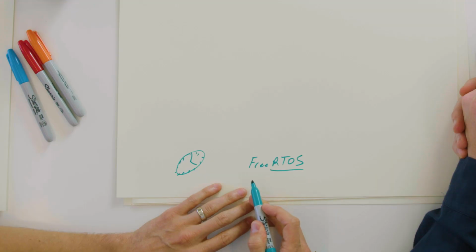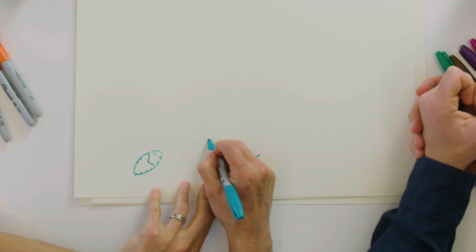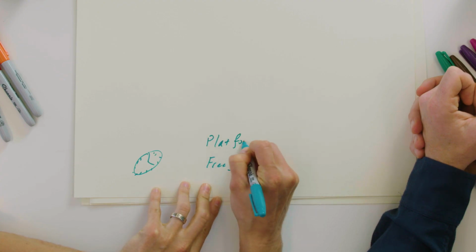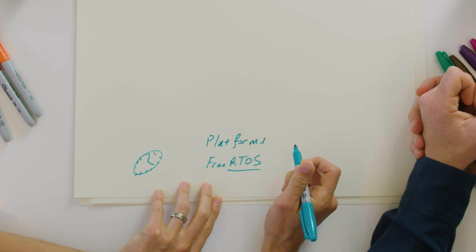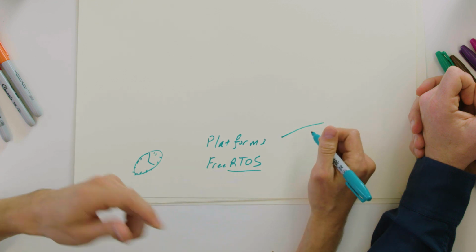FreeRTOS is a massive and super valuable component there. We primarily use the threading and mutex functionality there, which is appropriate for these kinds of devices. On top of that, we have a lot of platform specific code, it's code that is specific to certain hardware.